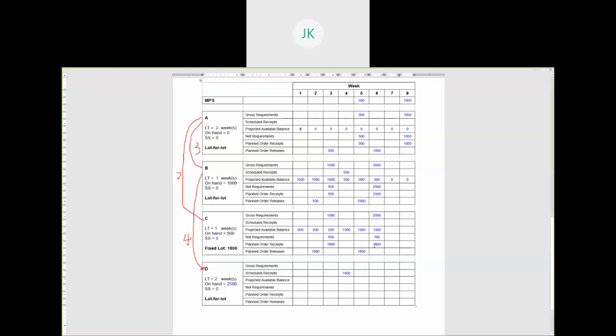After receiving 1800, use 700, so 1100 remain, carried over.